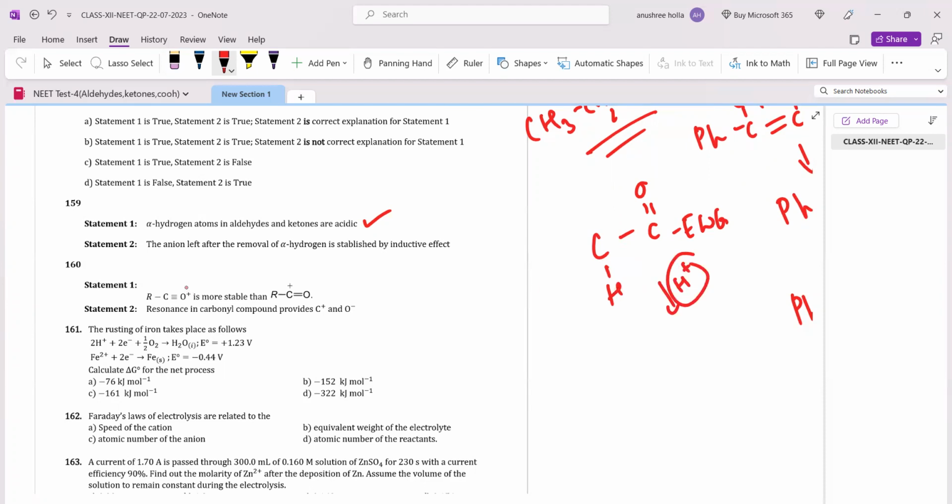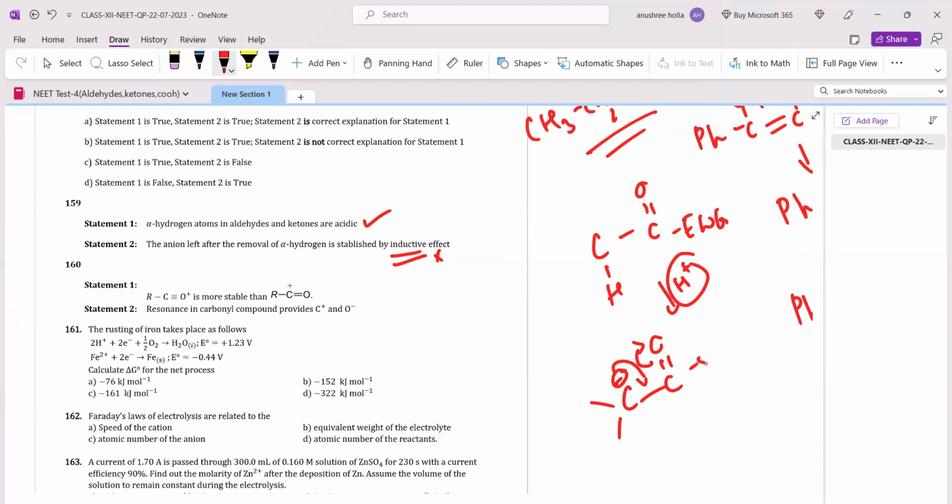Now, statement 2, they have given that the anion left after the removal of alpha hydrogen is stabilized by inductive effect. No, it is not stabilized by inductive effect. If you take this, remove this hydrogen as H plus, I'll get an anion. So this anion is stabilized by resonance, right?